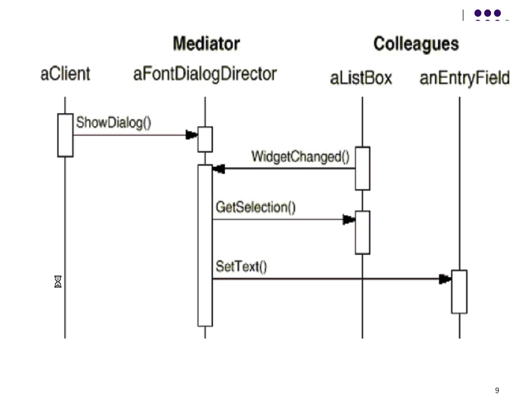I'm just informing it. And the director has the intelligence that, okay, let me first find out what the selection value is. The selection value is going to give you the name of the font which has been selected. And then it knows that there is a font which has changed, and for this particular font, I need to null out certain options. So it would call a method setText of the entry field. So this director has the intelligence of informing the other objects that a change like this has happened.